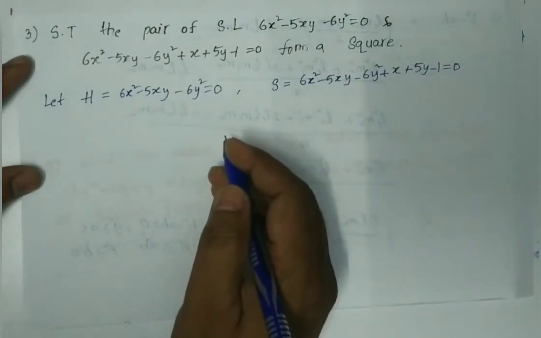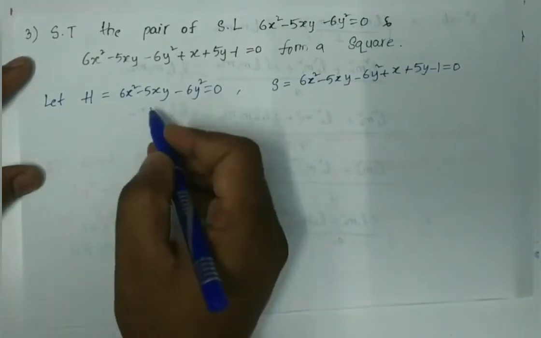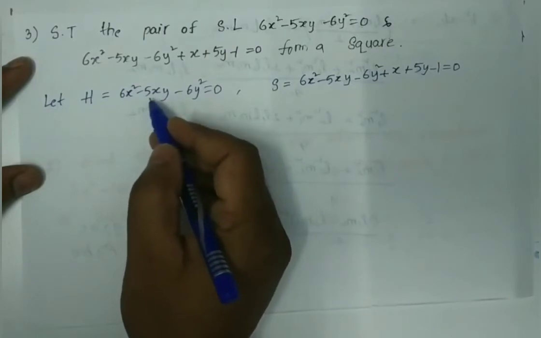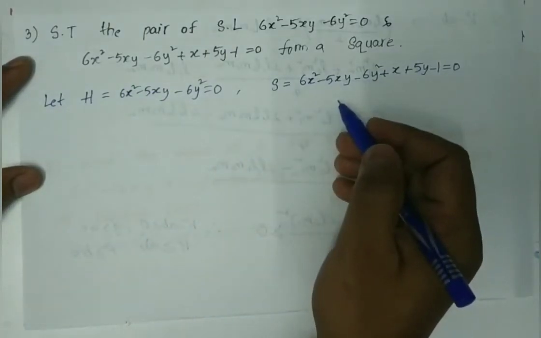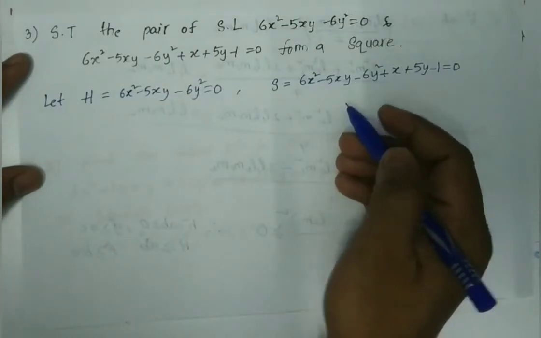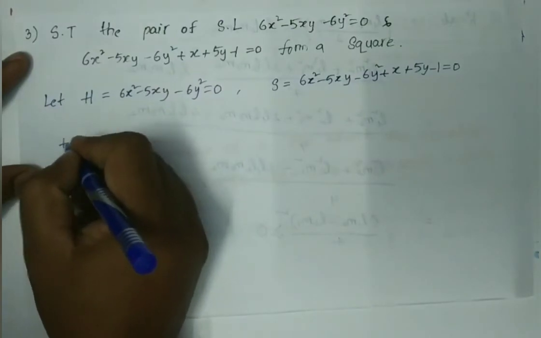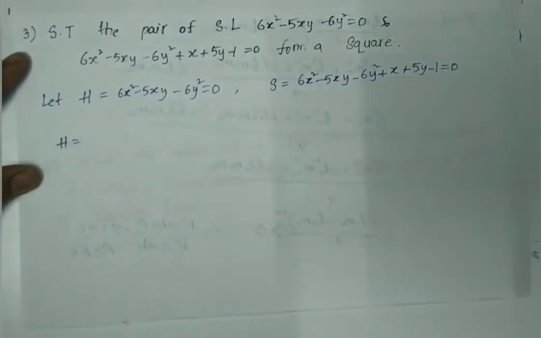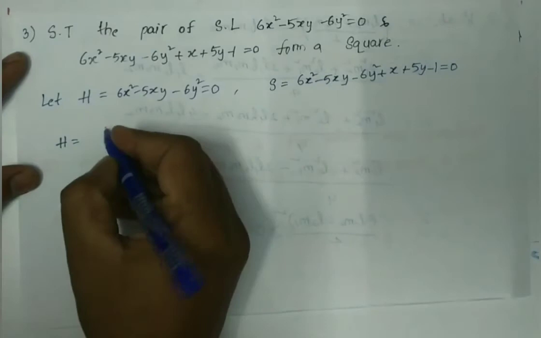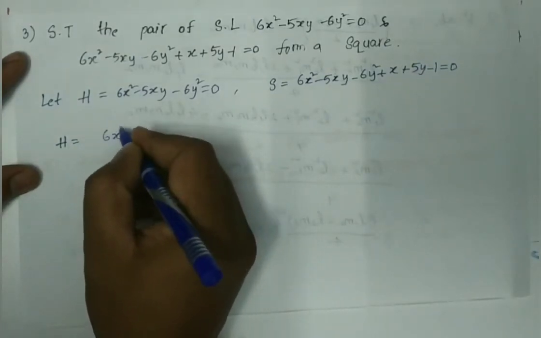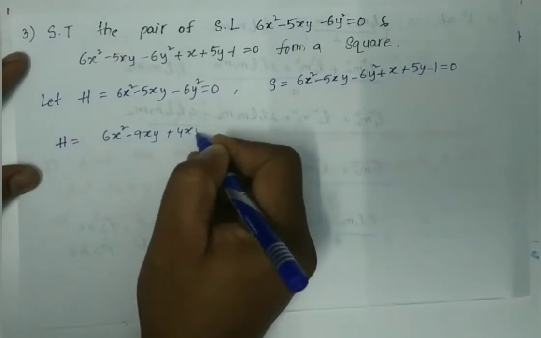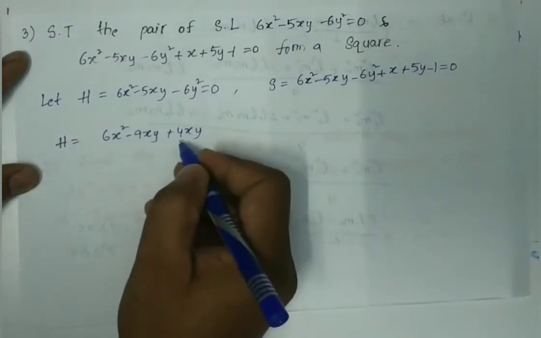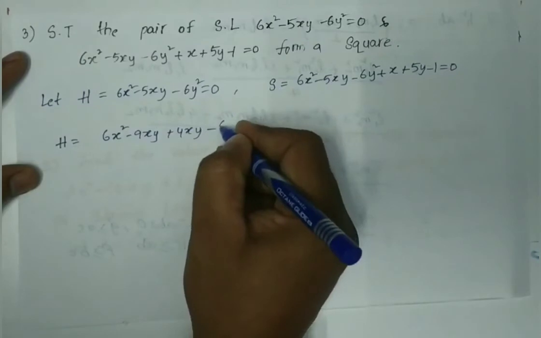First, we have to find the pair of straight lines represented by the equation H is equal to 0 and the pair of straight lines represented by the equation S is equal to 0. Here H can be written as 6x square minus 9xy plus 4xy. Minus 9xy plus 4xy is nothing but minus 5xy, minus 6y square.